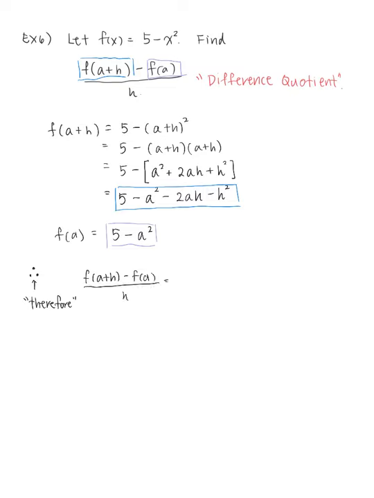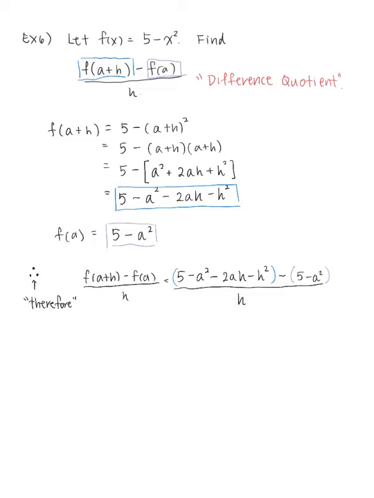So this is going to be 5 minus a squared minus 2ah minus h squared. So remember, that is our f of a plus h, and then minus f of a, which is just going to be 5 minus a squared. And then don't forget the denominator, whole thing divided by h.